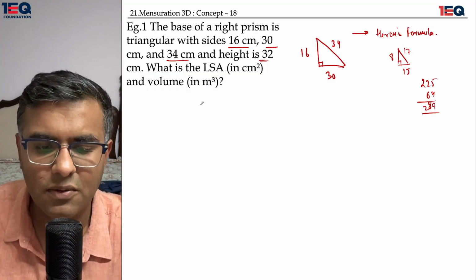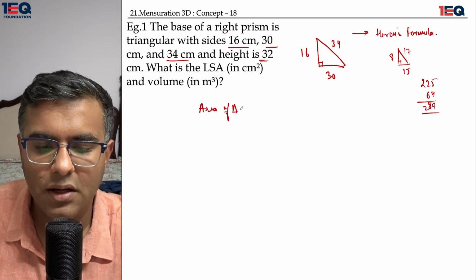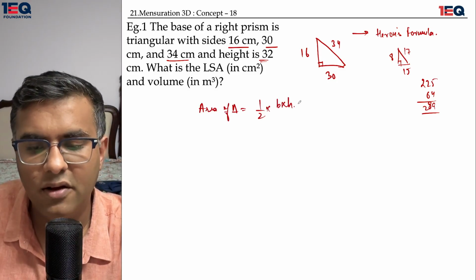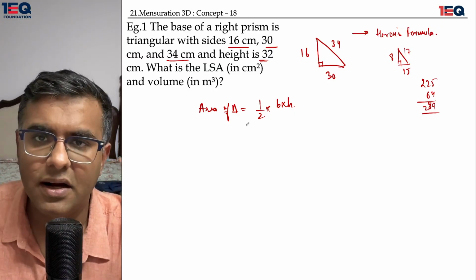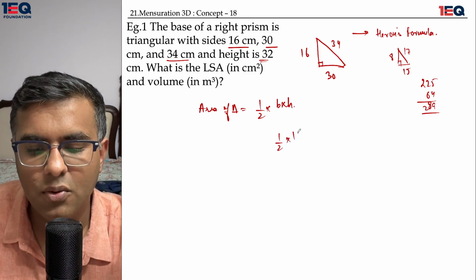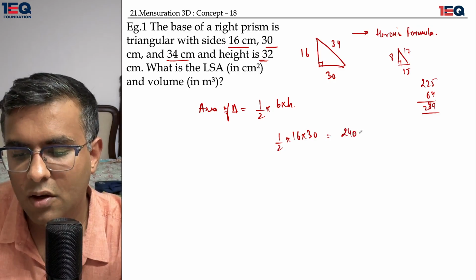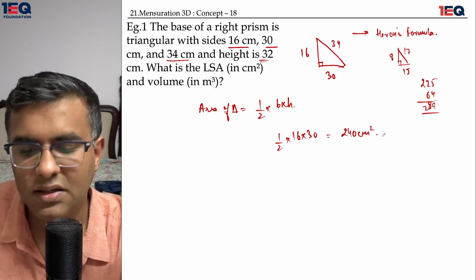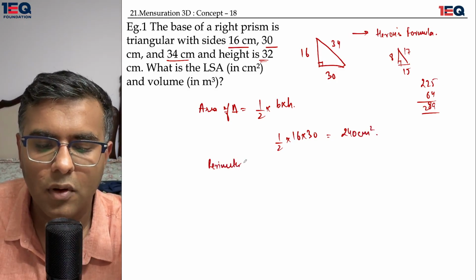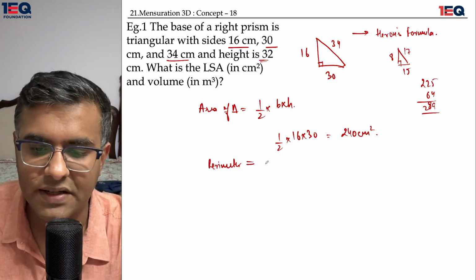This eases down my job, because the area of a triangle is nothing but half into base into height for right angle triangles. So half into base into height is equal to half into 16 into 30. This gives me 240 centimeter square as the area of the triangle. Talking about the perimeter of the triangle, we have to add up all the sides.